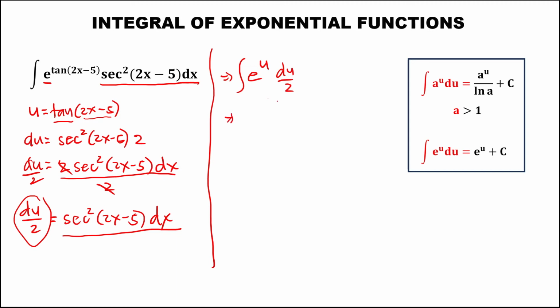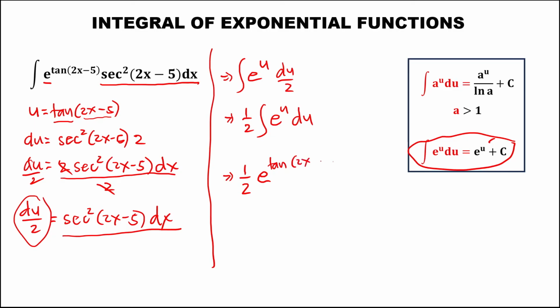Then we need to put this denominator outside, so we have 1/2 times the integral of e to the power u du. From this formula, this becomes 1/2 e to the power u, and u is tangent 2x minus 5, then plus c.